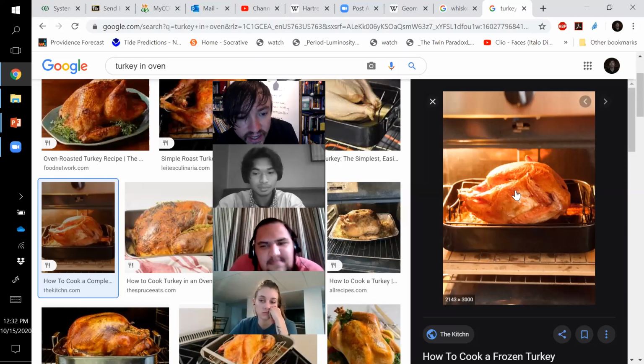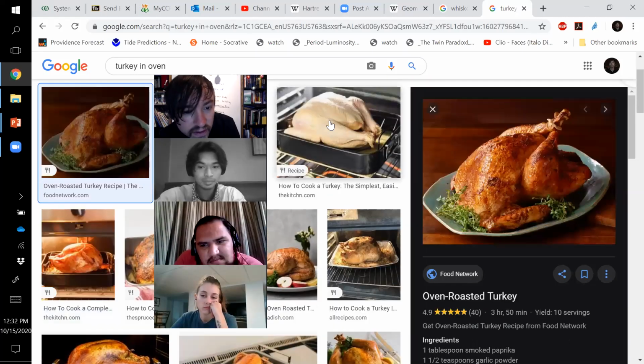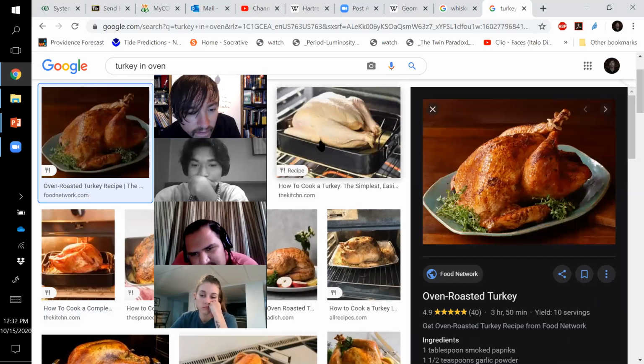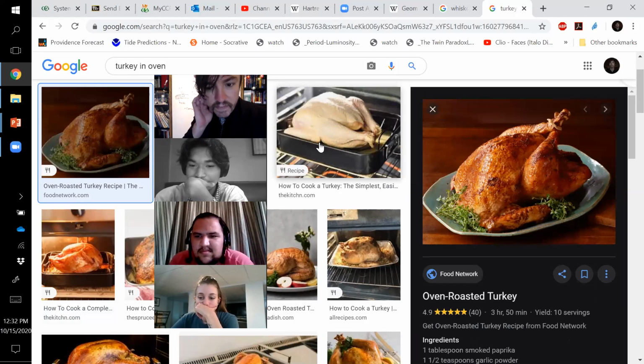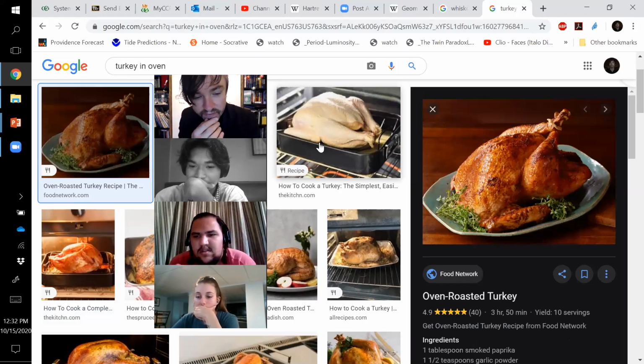What if I take the turkey out of the oven and I put it on a windowsill, or I put it on a plate and it begins to cool over the course of Thanksgiving dinner? Conduction. Well, there will be conduction with the air, but I don't think that's the majority of its energy.